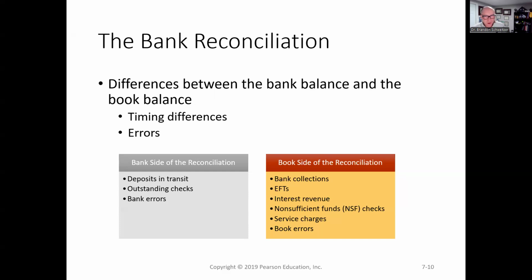If the difference was a deduction in cash because of a bank fee, we would debit bank fee and credit cash, right? So we have to make adjusting entries based off of the differences of our cash balance from our bank statement and what is in our accounting information system.